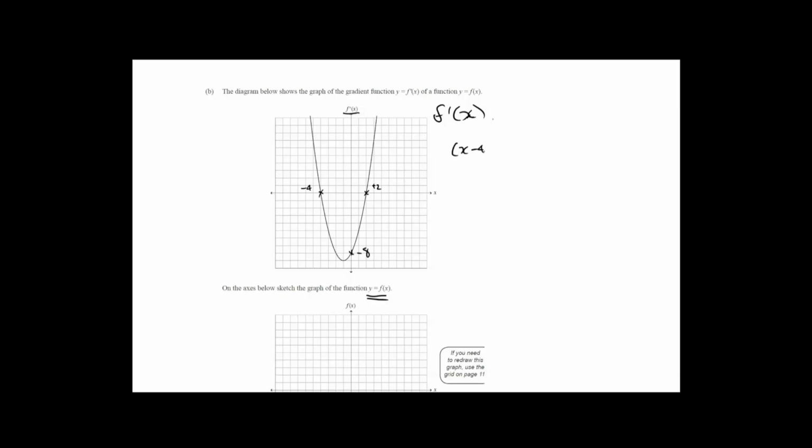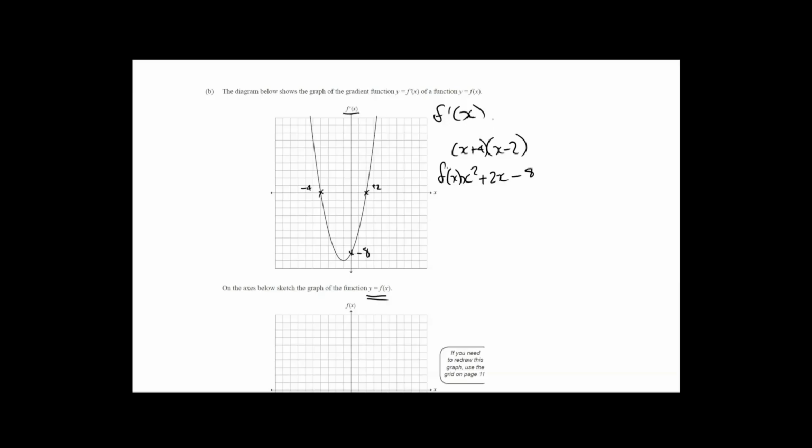So x plus 4, x minus 2, which is going to give us x squared plus 2x minus 8, and that kind of makes sense there. So this function is that.